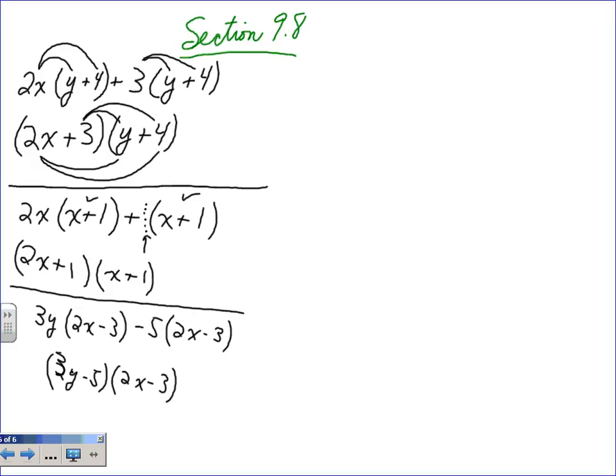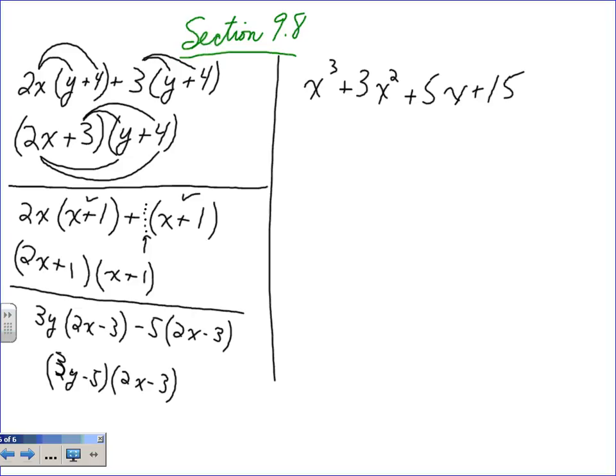All right? Okay. So, now what we want to do, this is why this is useful. Let's try something that looks like this. x cubed plus 3x squared plus 5x plus 15.